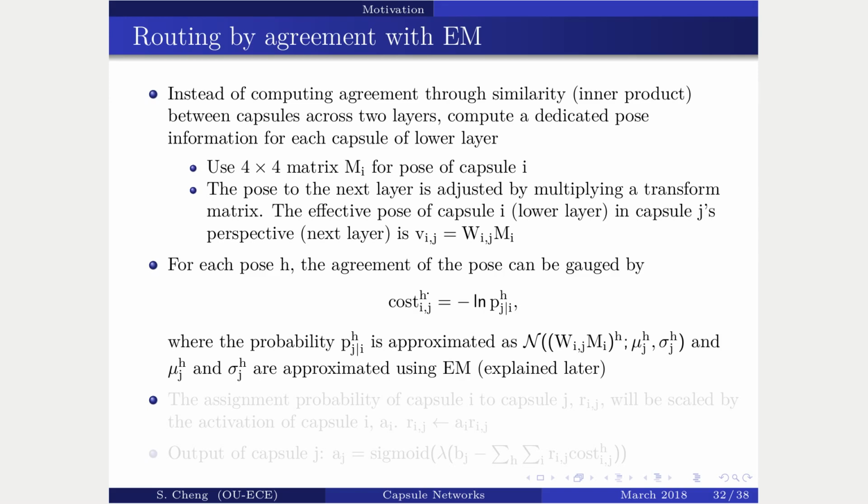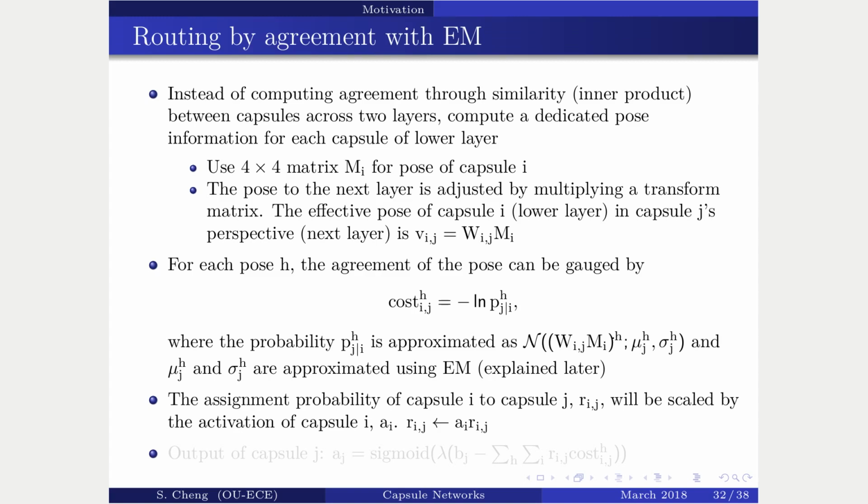It is equal to minus the log of an estimated probability that is approximated with a Gaussian distribution, with mean and variance that are approximated using EM, which will be explained later on, and taking as value the adjusted pose under the parent perspective for the h element of that pose matrix.